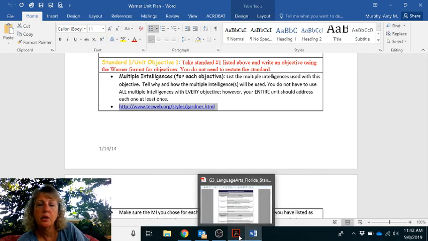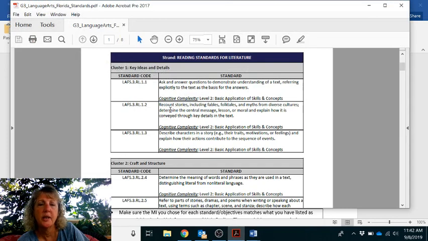So what I wanted to look at real quick is one of the standards. Let's say that you chose this standard here. Describe the characters in a story, their traits, motivations, or feelings, and explain how their actions contribute to the sequence of events. Most times what I see is that we stop right here: describe the characters in a story, their traits, motivations, or feelings. Okay, that is part of the standard, but you have to remember that you have to teach all of the standard.